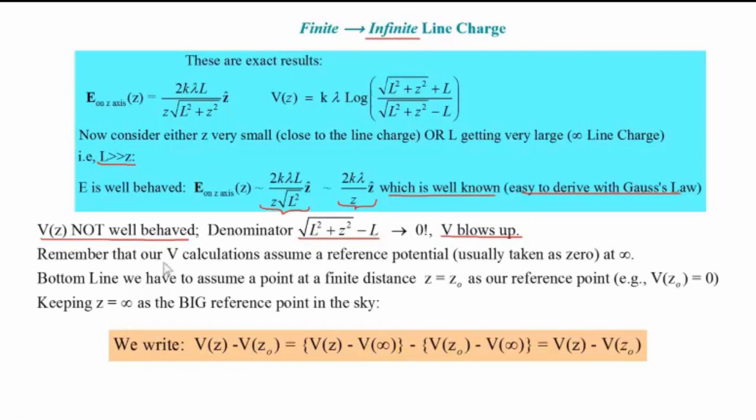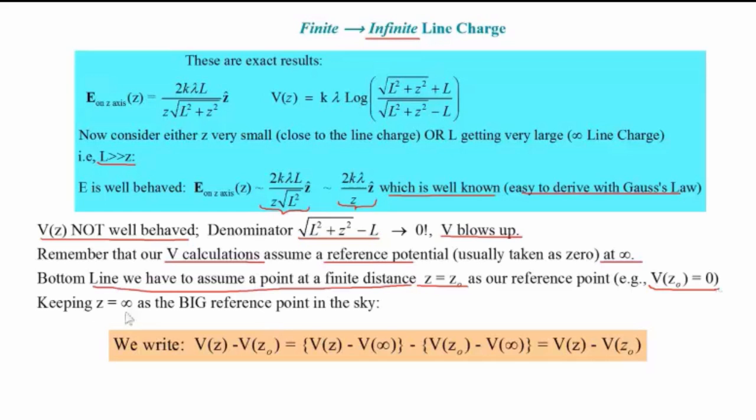If you remember, our V calculations assume a reference point, usually taken as 0 potential, and it's occurring at infinity. Here we have to assume a point at a finite distance, say z equals z0, as our reference point, such that for convenience we let that be 0.